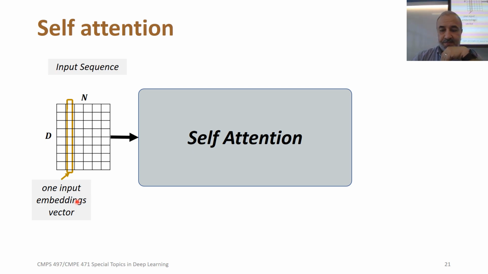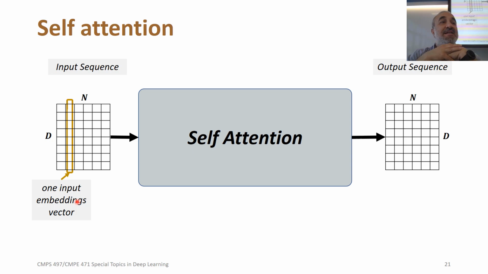How about the output? The output is exactly the same structure. So we will also have a sequence of n embedding vectors. What will we do here if that's the case?